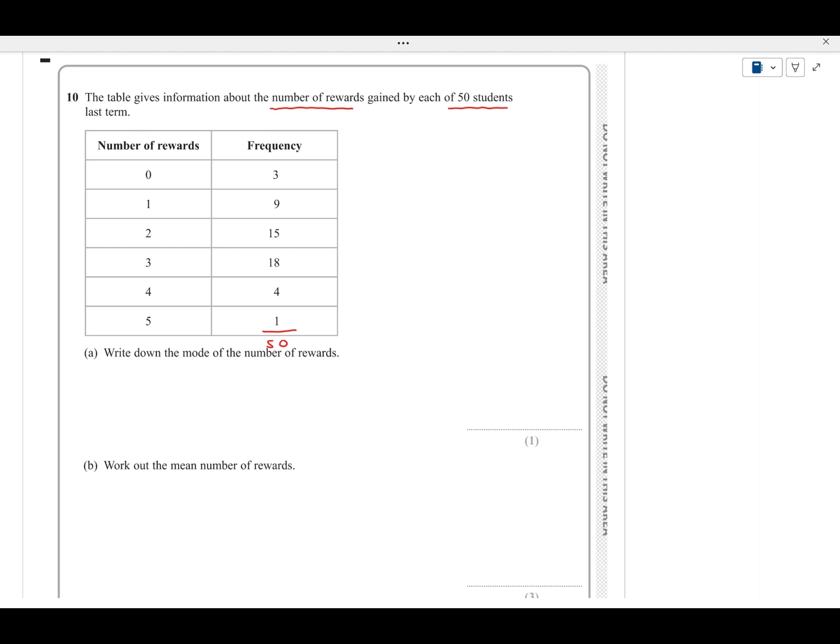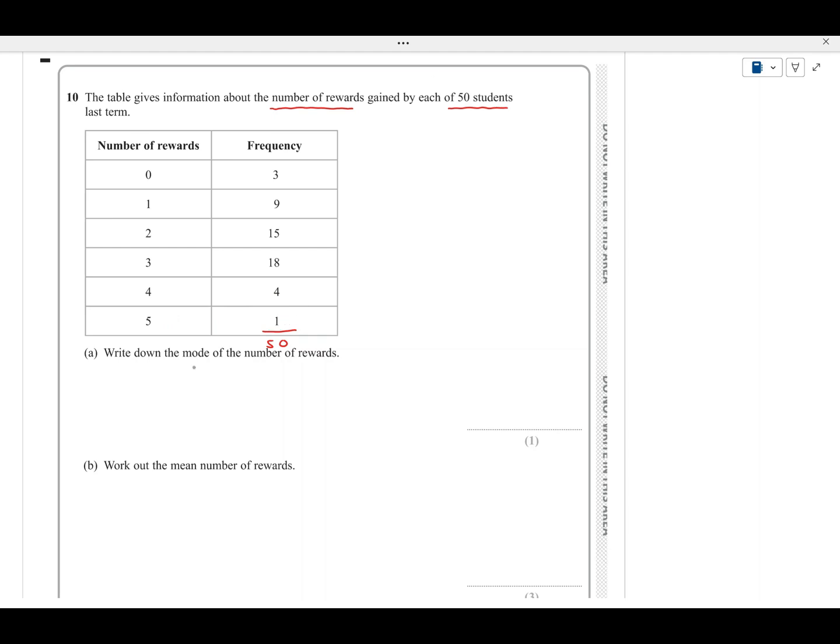Before I do anything else, I'm going to make sure that I understand the table. This means that 15 people got 2 rewards each. This one person did very well. They got 5 rewards.